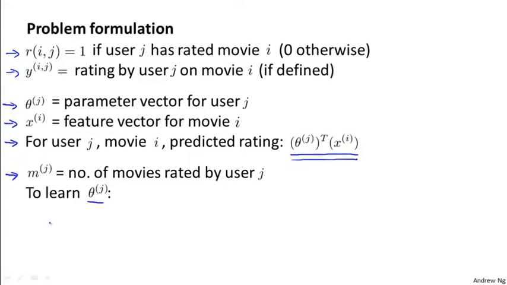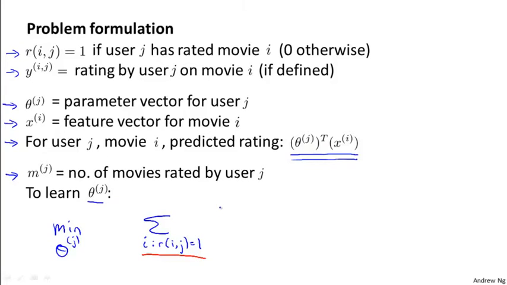In order to learn the parameter vector theta j, let's minimize over my parameter vector theta j the sum, and I want to sum over all movies that user j has rated. So we write this as the sum over all values of i such that Rij equals 1. So the way to read this summation index is, this is summation over all the values of i so that Rij is equal to 1.